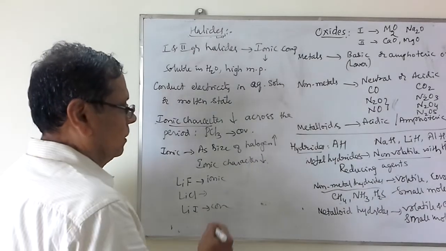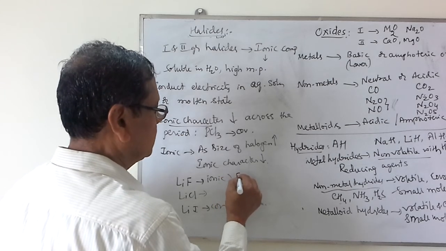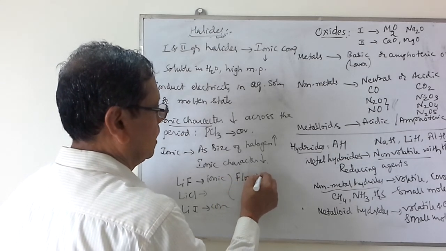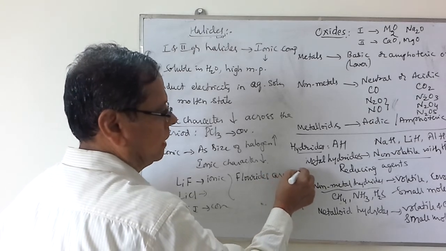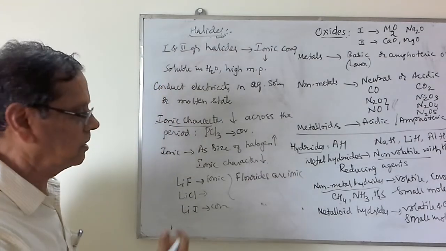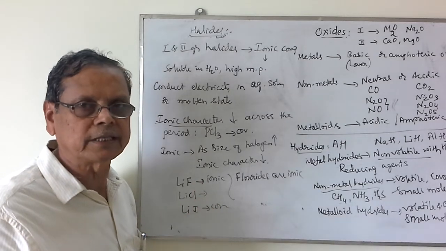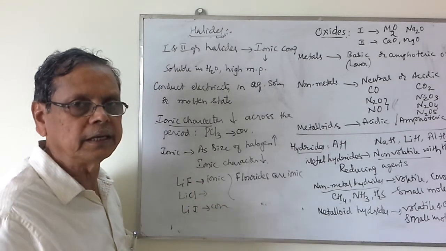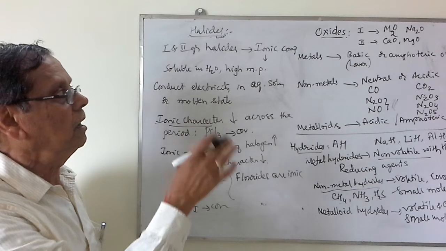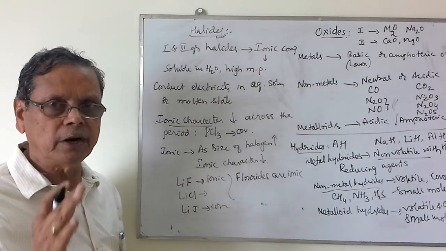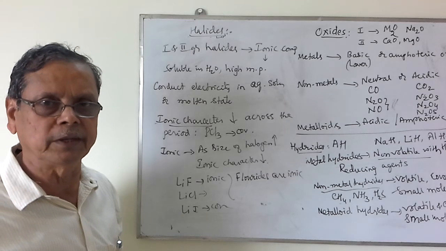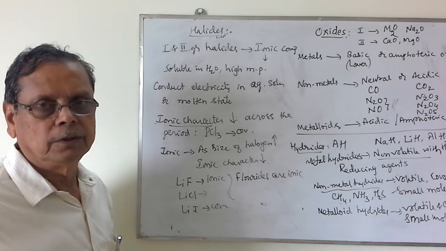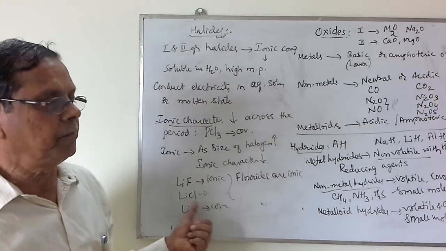Most of the fluorides are ionic. And as the size increases from fluorine to chlorine, bromine, iodine, the ionic character decreases. So this is all the topic on the classification of the elements and periodic properties of the elements. We will continue with the other topic in the next video.